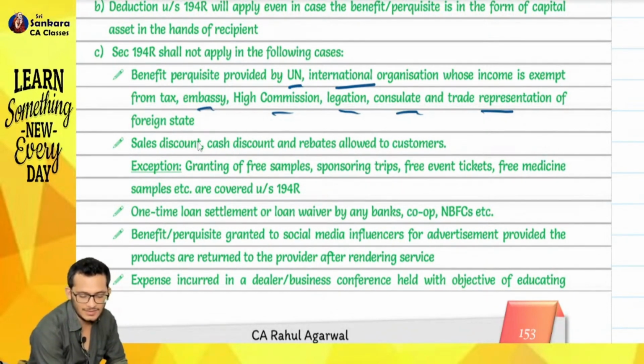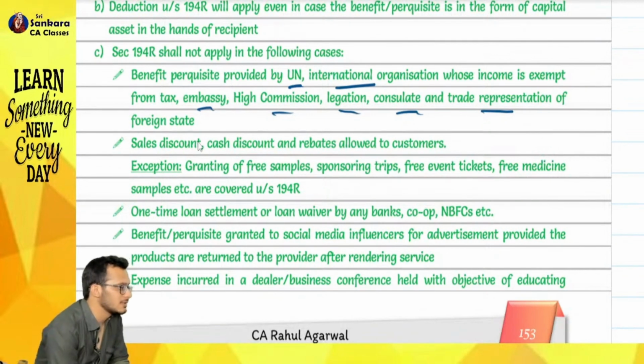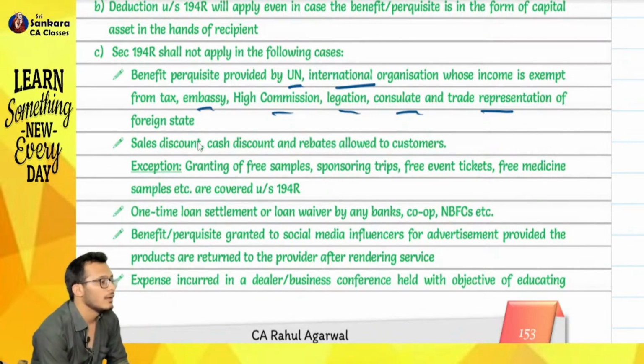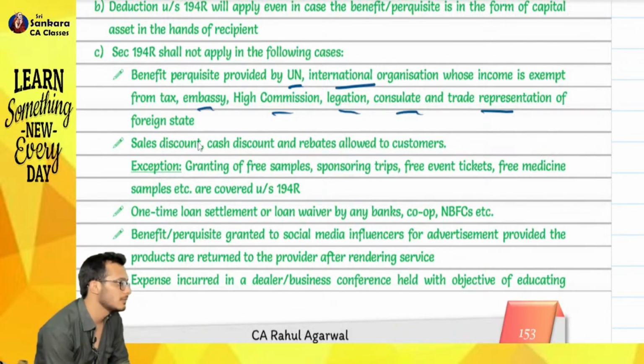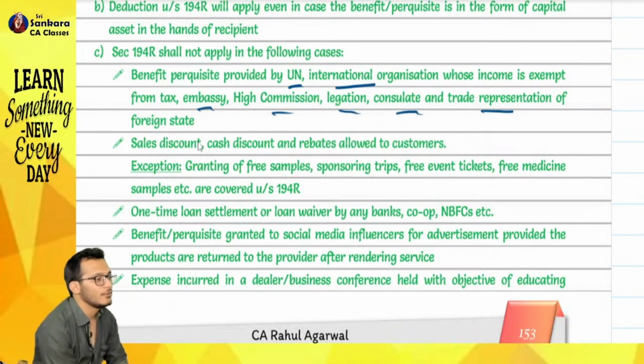Sales discount, cash discount and rebates allowed to customers. Suppose I went to someone and said, my product I will sell to you for 1 lakh rupees, but I like your face today, so I am giving you a discount of 96,000, which means I am going to sell it to you for 4,000 rupees.